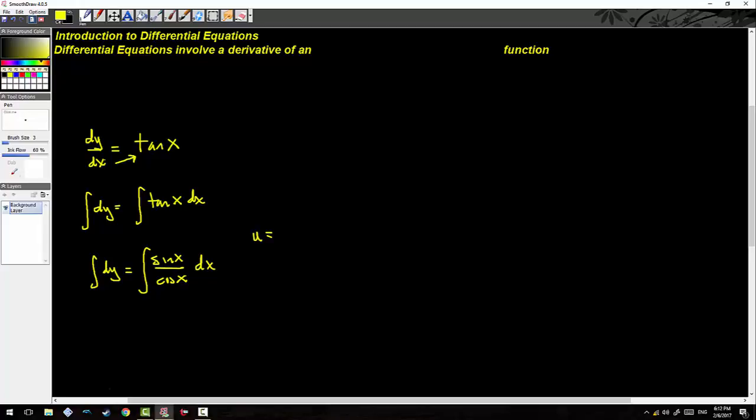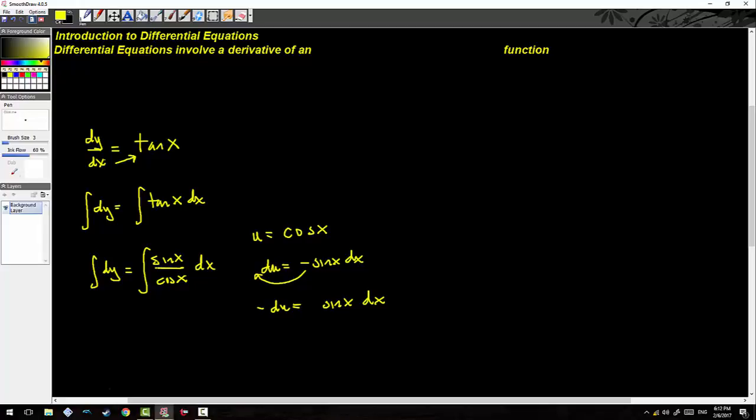So if u is equal to cos x, then I know that du is equal to negative sine x dx. You see how I saw the function and then I saw its derivative? In other words, this negative will jump over here so that I get negative du is equal to sine x dx.